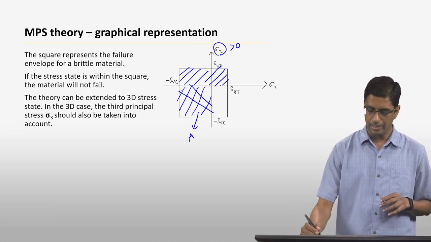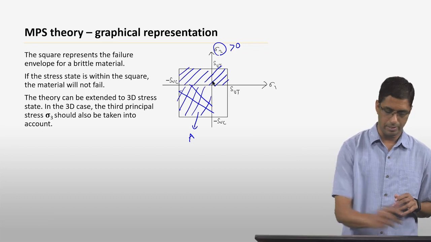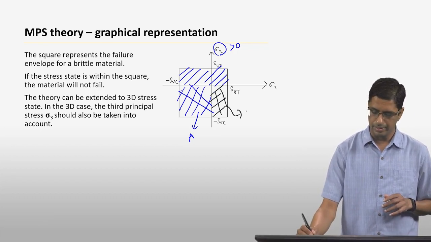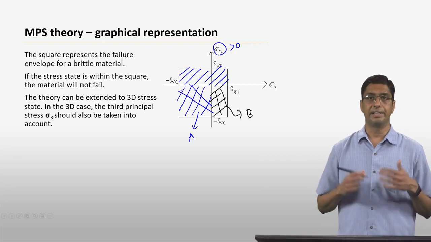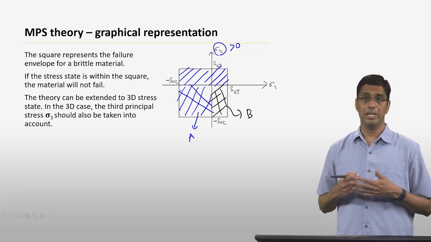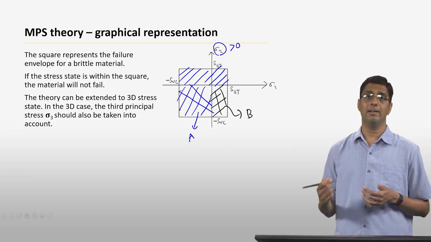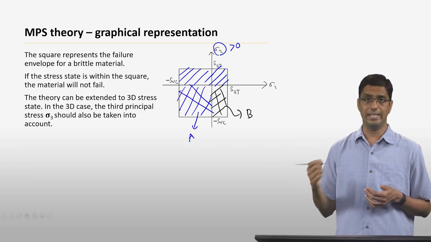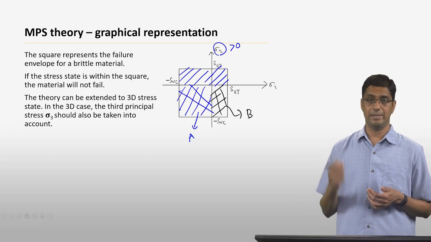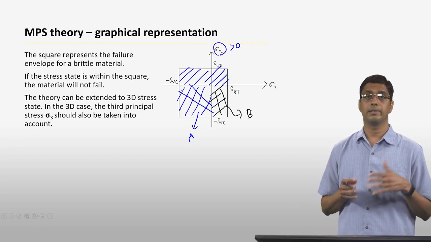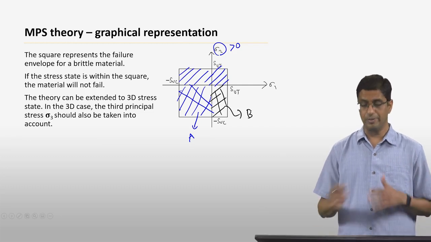Okay? Now if you look at this region here, let me use a different color. Let's call this region B. In region B, sigma 1 is positive and sigma 2 is negative. So as long as sigma 1 does not exceed SUT and sigma 2 does not have an absolute value greater than SUC, you're fine.